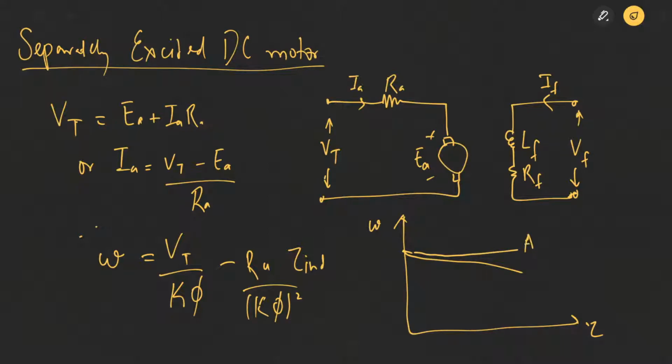So this will be with armature reaction and this will be without armature reaction. We have seen that with armature reaction the flux will be weakened, and flux weakening causes an increase in the speed of the DC motor. So this is your torque speed characteristics of a separately excited DC motor, same as that of the shunt DC motor. So the same speed control strategies can be used for a separately excited DC motor.